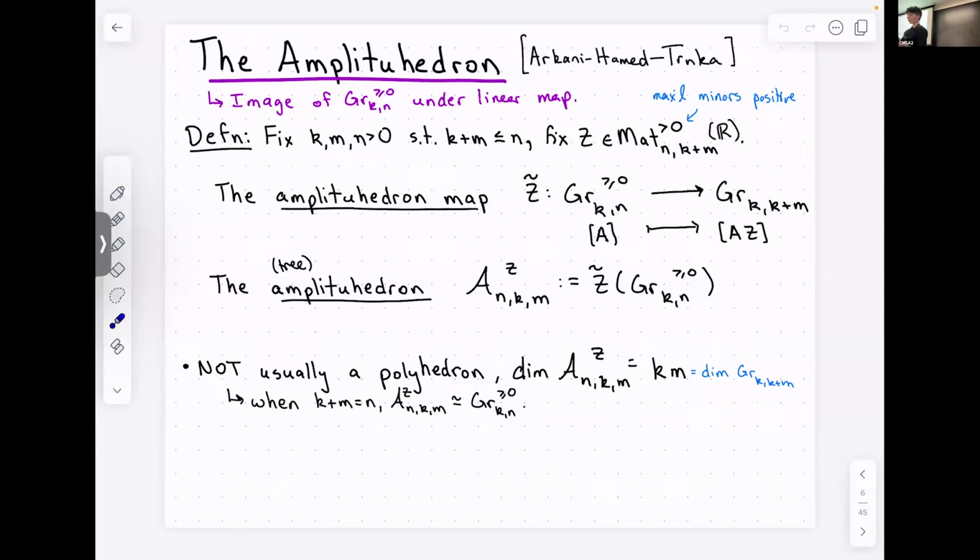Okay, so one thing I want to emphasize, which maybe has not been emphasized a lot yet, is that though this map Z tilde is linear, so it's induced by a linear map, and also if I express it in terms of Plücker coordinates, it's a linear map. So though that's true, the domain is not linear.